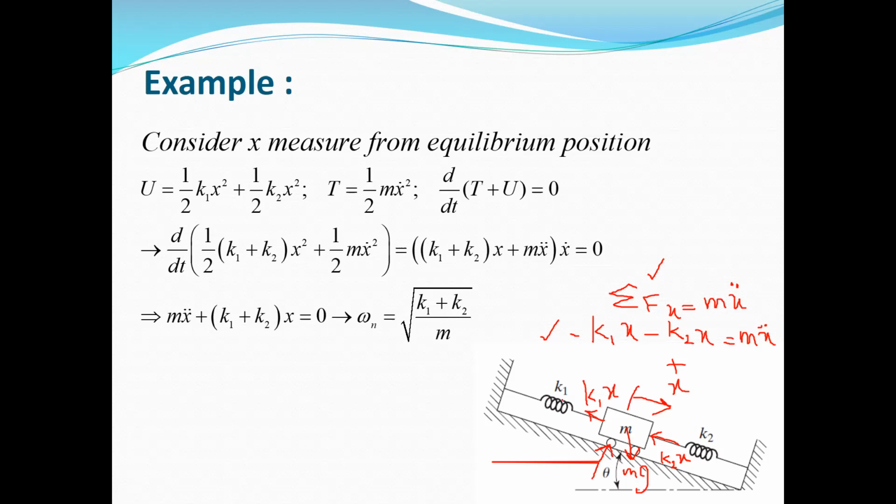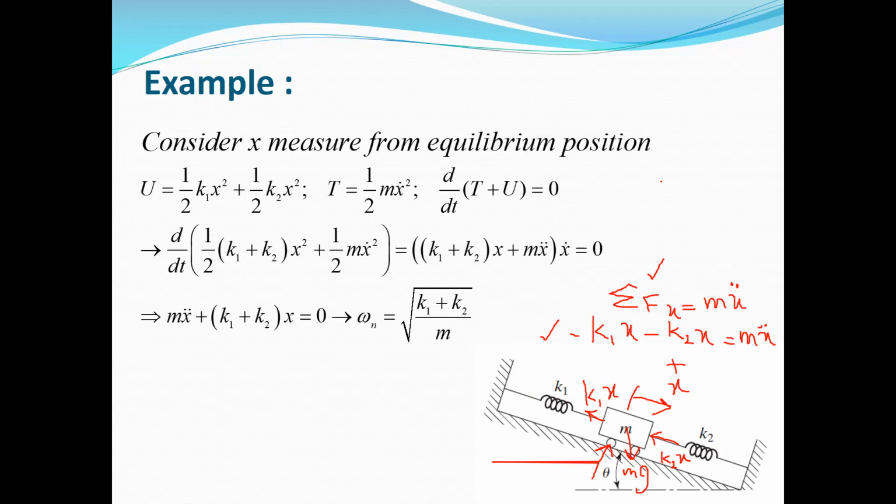Definitely this spring was under tension and has some initial elongation, but we ignored that part in this force term. So we also neglect the weight because we neglect the initial deflection.